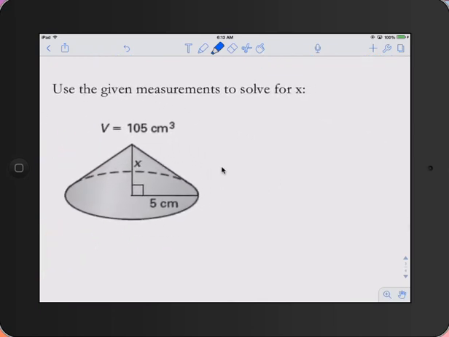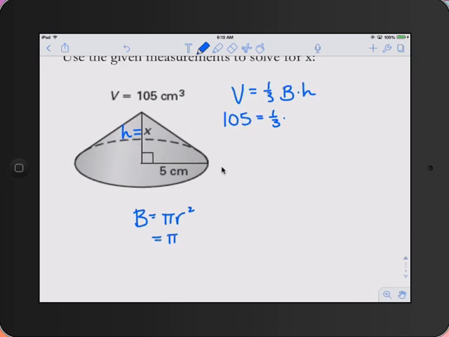Okay, and then use the given measurements to solve for x. X is just the height of the cone. Volume is 1/3 area of the base times the height. So 105 equals 1/3. Now base area is pi r squared, so it's 25 pi.